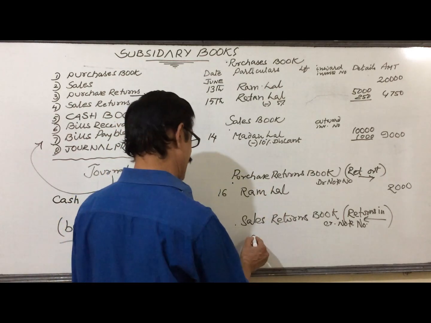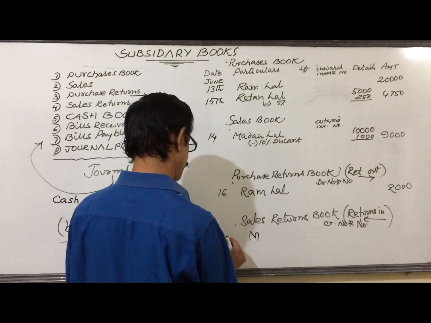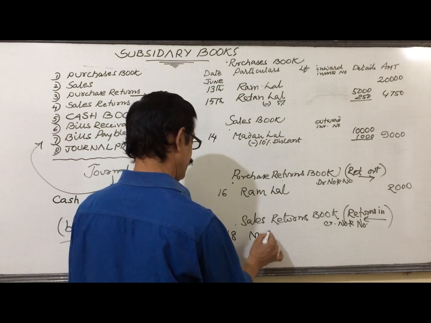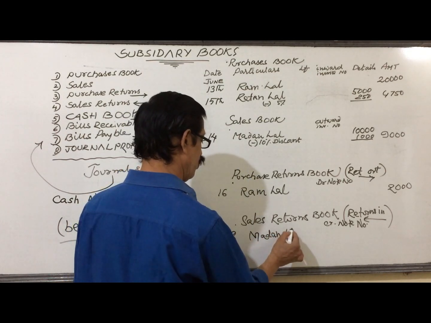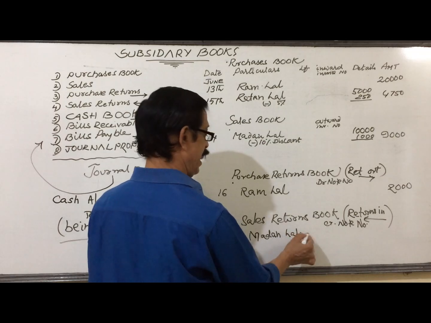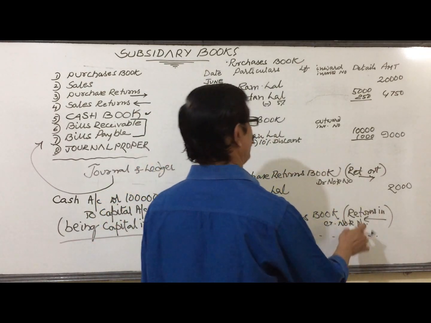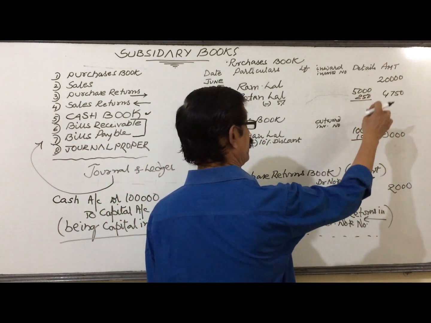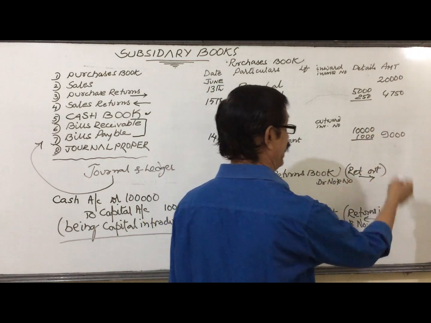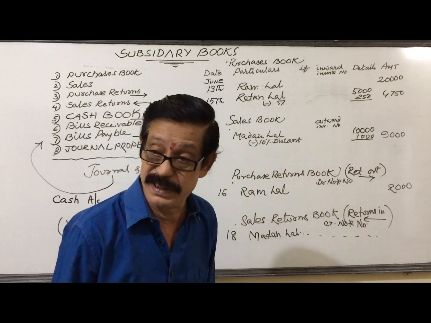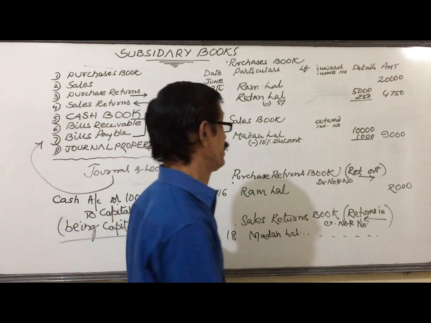Then you can write down here: take the date, write down the name from whom we received goods, and take the amount. When you are taking the amount, the proportionate discount is also to be reduced.